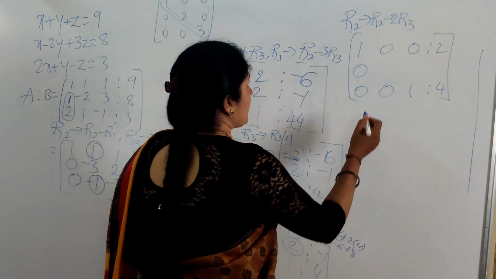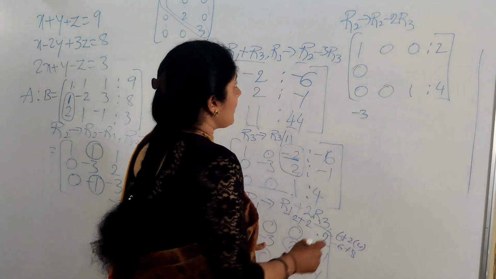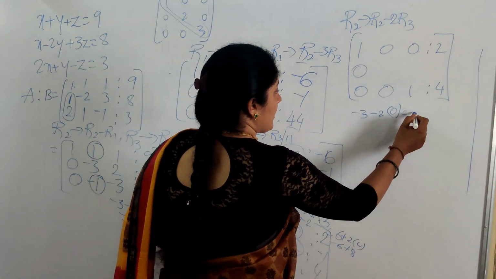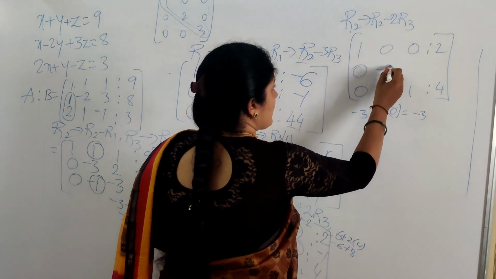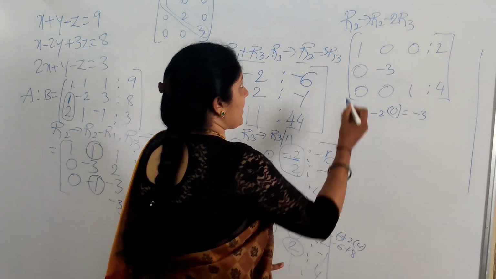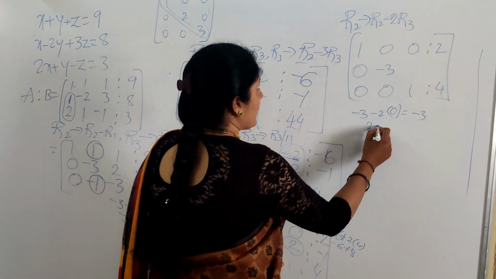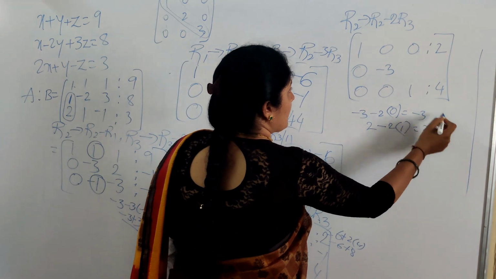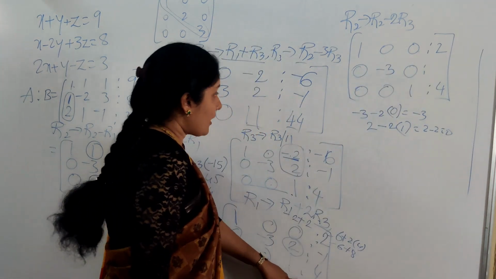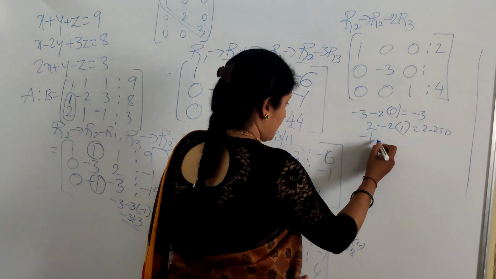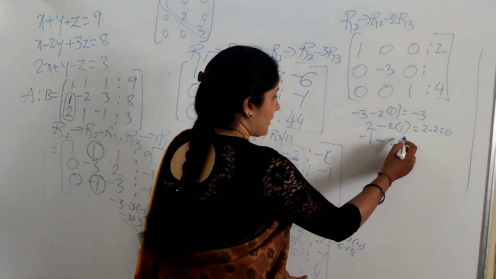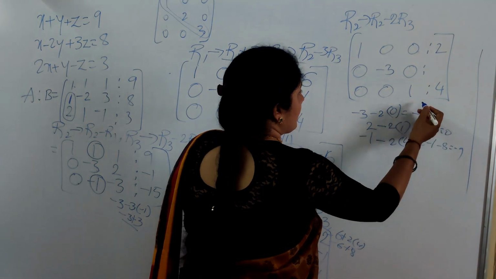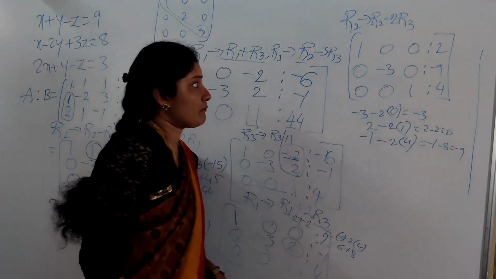Now here, R2, that is minus 3. Minus 2 into R3, 0. So that will be minus 3 only. Next, R2, 2 minus 2 into R3, 1. So 2 minus 2 is equal to 0. Next, R2 minus 1. Minus 2 into R3, 4. So that is minus 1 minus 8, minus 9.